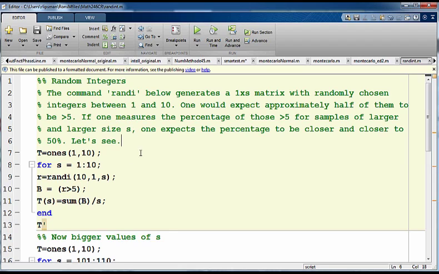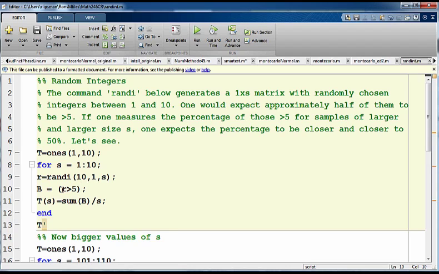So let's see. The first thing I do is set up a matrix 1 by 10 and put 1s in all the entries. And then here's a little loop. I let s go from 1 to 10, and then I generate my 1 by s matrix, each of whose entries is a random number between 1 and 10. Now here's the interesting command. I define a new matrix B as follows. I look at R, the 1 by s matrix, and compare it to 5. For every entry, all s of them, it compares to 5.